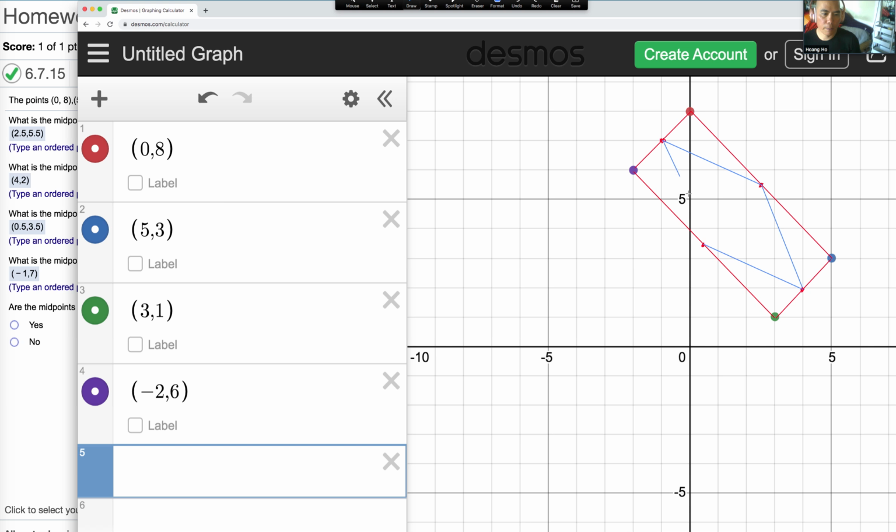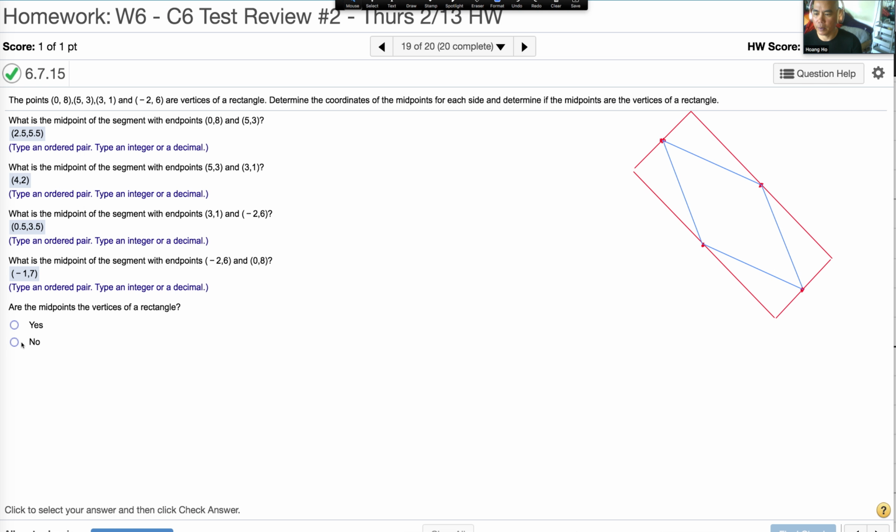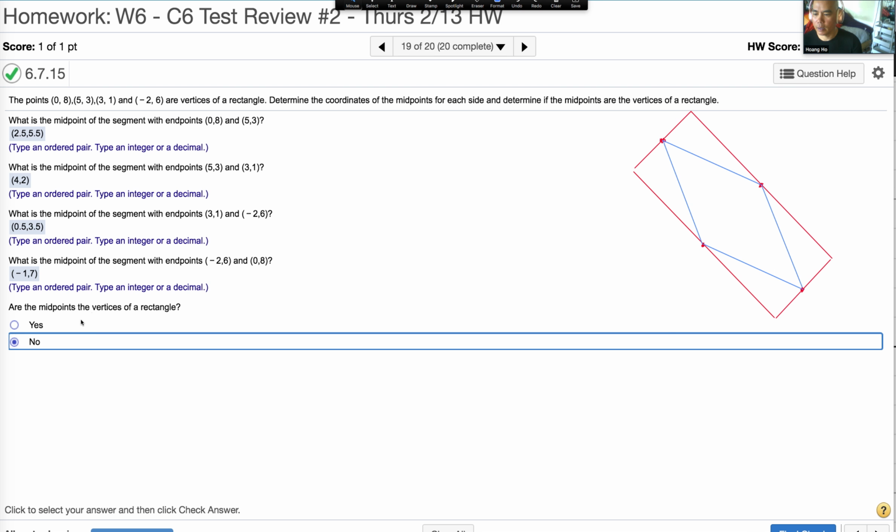So these 4 midpoints do not form a rectangle. It has to be a rhombus. They did not ask for it. They just asked you if it's a rectangle or not. So the answer is no. Are the midpoints vertices of a rectangle? The answer is no.